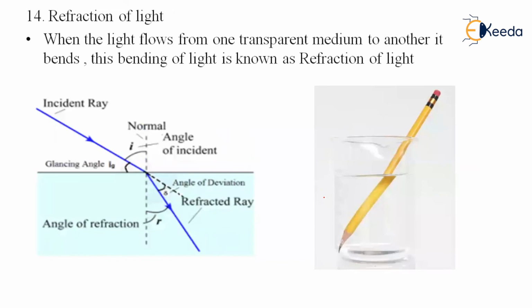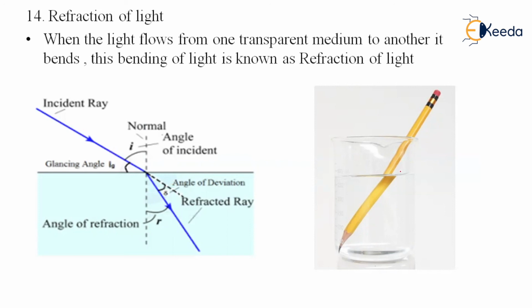Now, what is refraction of light? When light flows from one transparent medium to another transparent medium, it bends, as seen in this diagram. This bending of light is known as refraction of light.